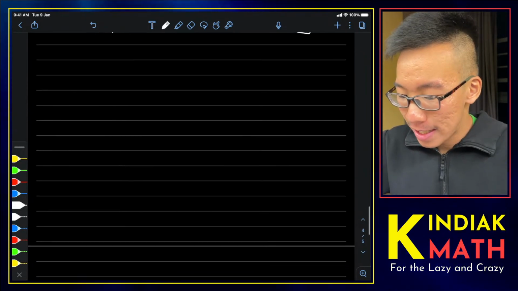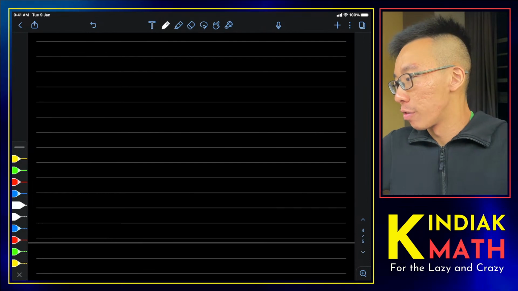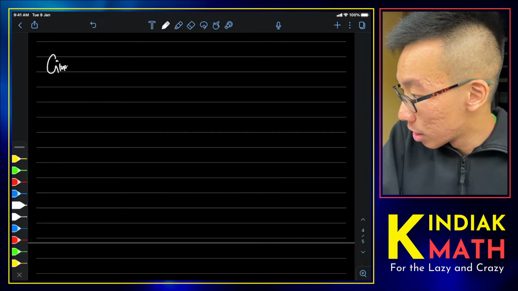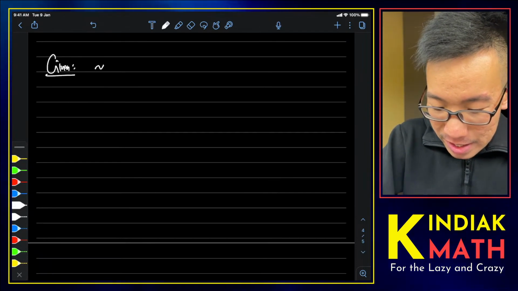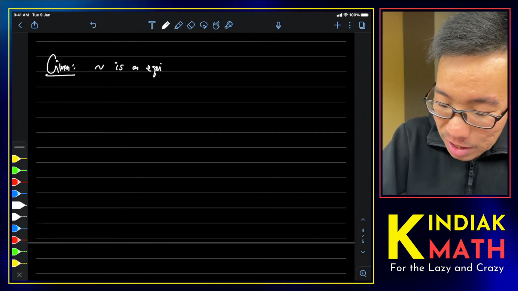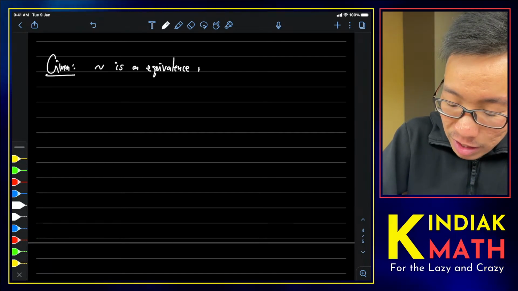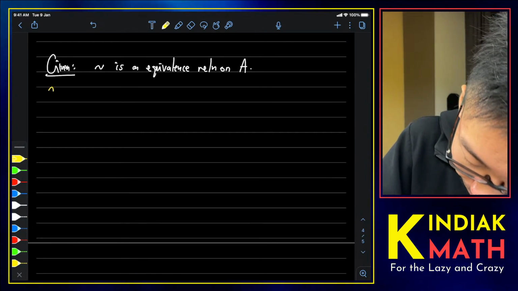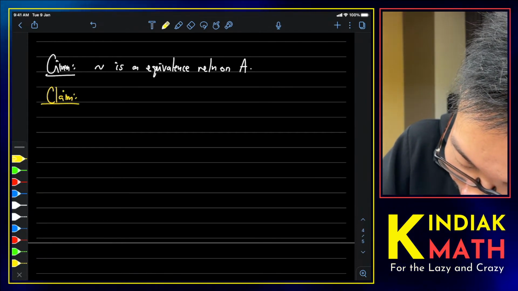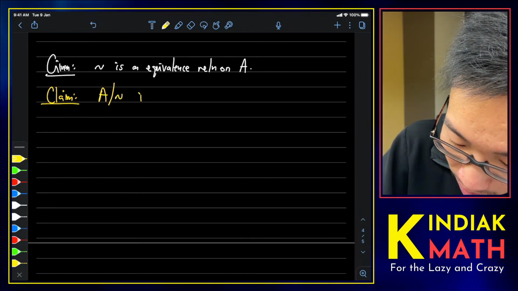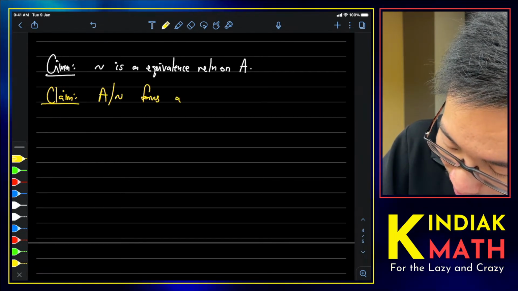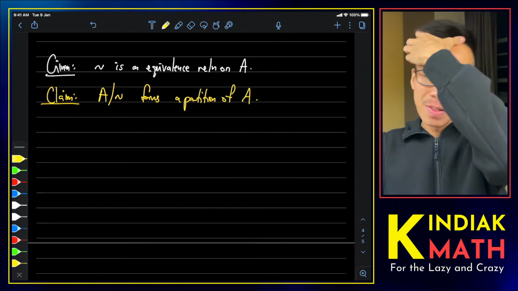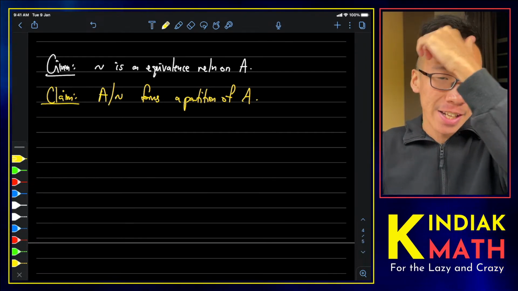So we're going to look at this last question and then we're going to open the floor for Q&A once again. This is a really interesting question. We are given that this is an equivalence relation on A, and now we claim that this particular set forms a partition of A. This unpacks a bunch of different ideas at once.